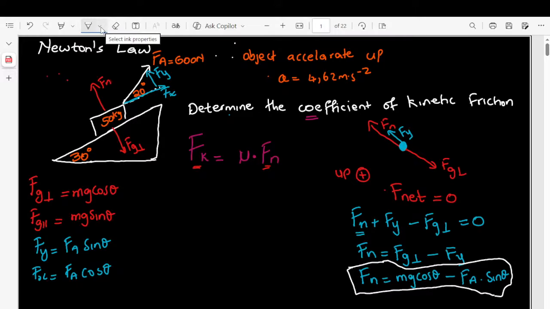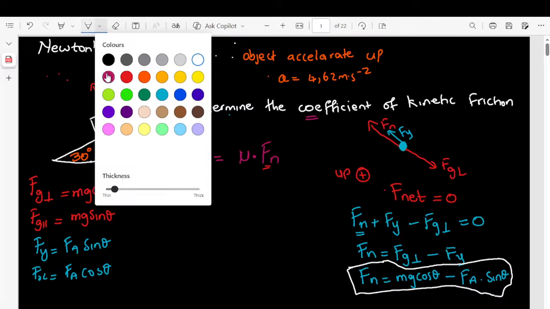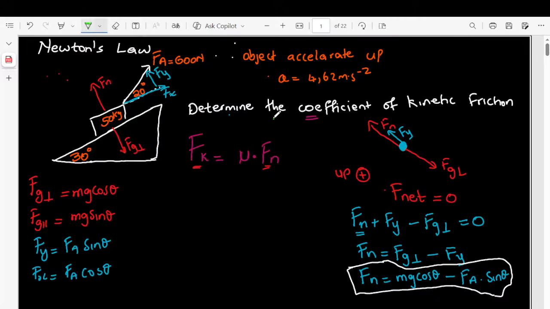So now, what about the frictional force? Because now we know the formula that we can use to find that. Frictional force is parallel to the surface. I'm going to have a frictional force, which is my Fk, moving down.